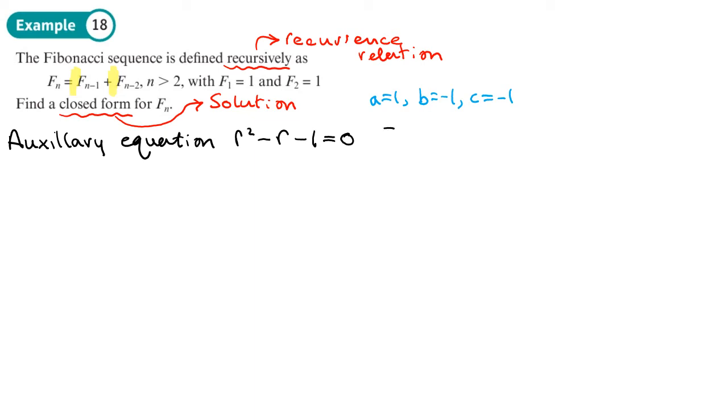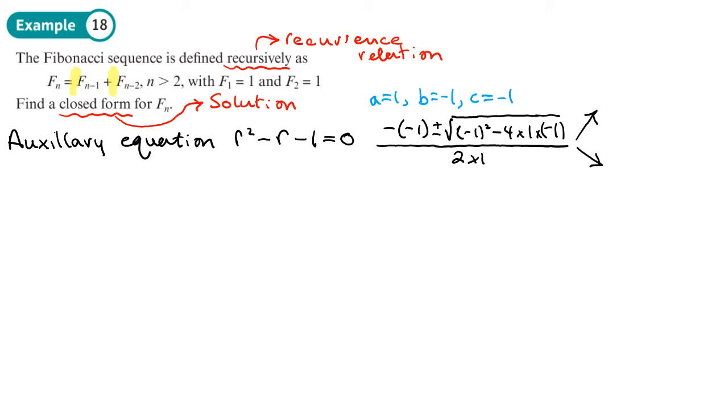So minus b plus or minus the square root of b squared, so it's negative 1 squared minus 4 times a times c, which is negative 1, all over 2a. So what will that give me? 1 plus or minus, so let's do the 1 plus here and the 1 minus down here.